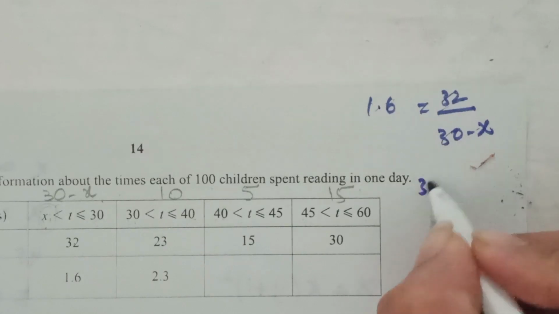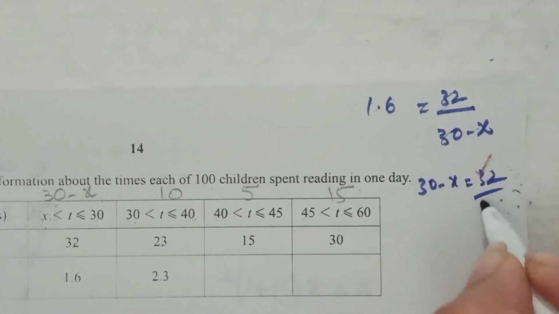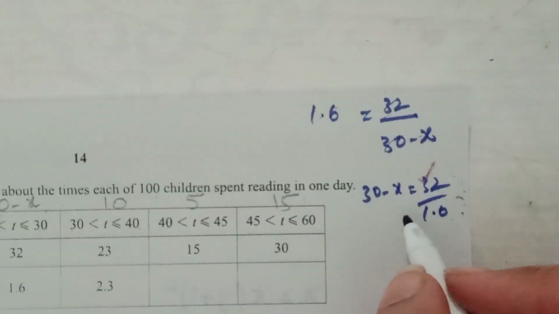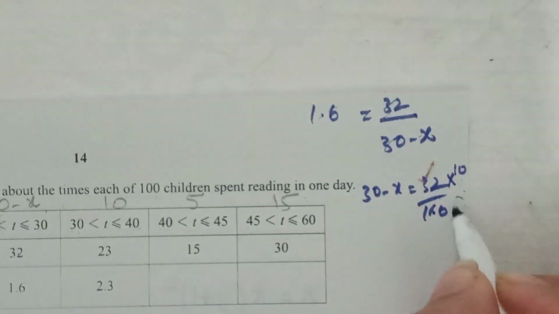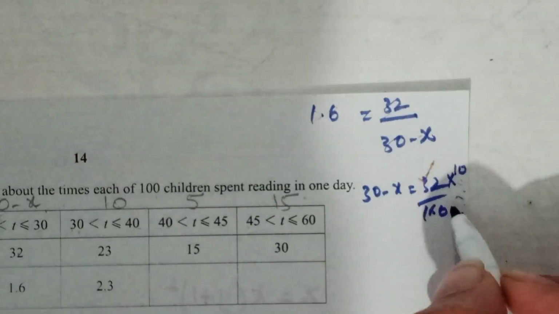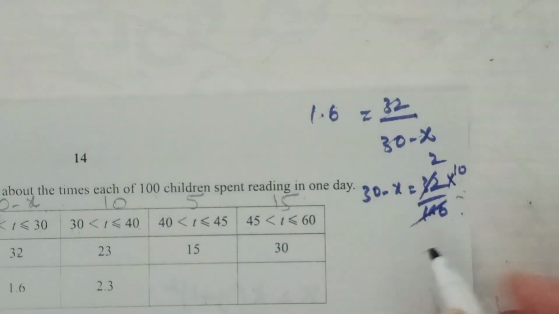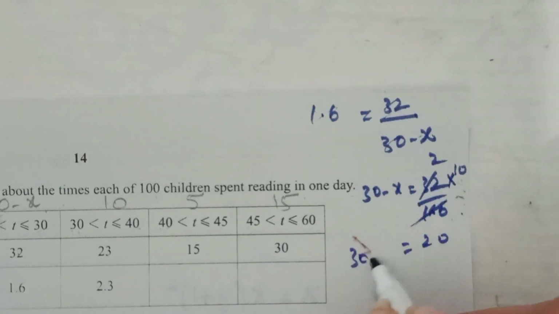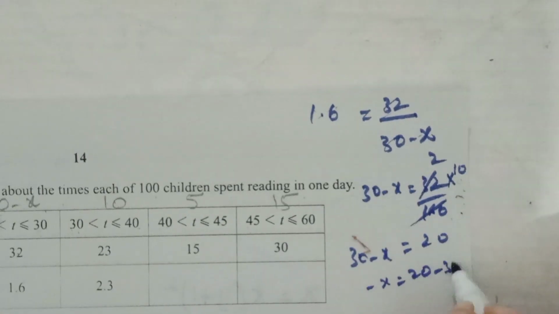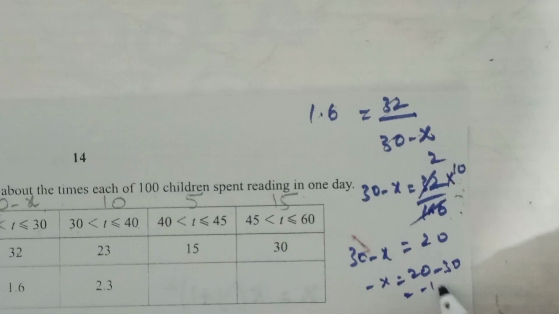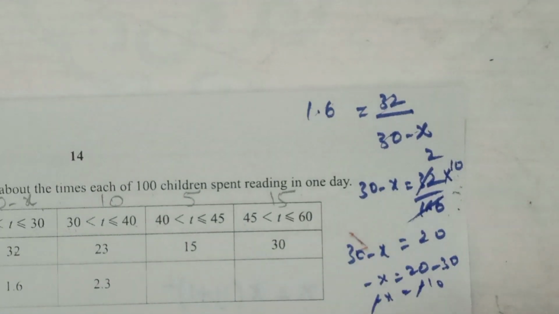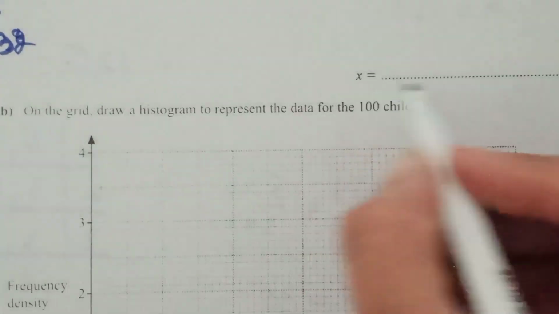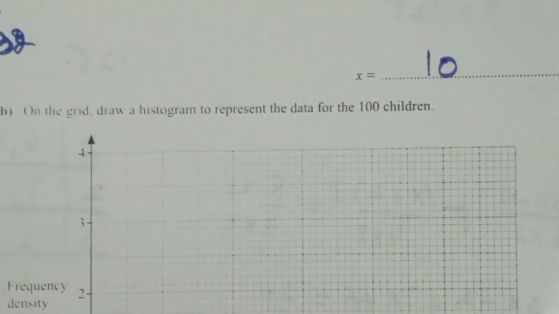We have to cross multiply: 30 minus x equals 32 divided by 1.6, and by dividing we get 20. 30 minus x equals 20, 30 goes to that side, we get minus 10, and the minus signs cancel, it means x is equal to 10. Now the value of x is 10. This is solved now.